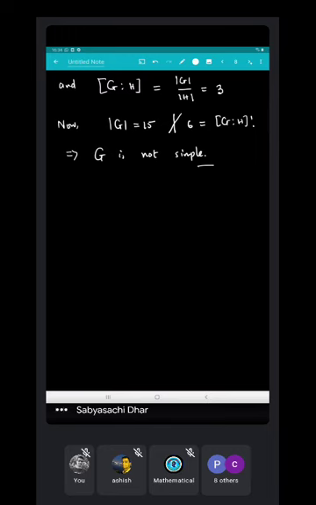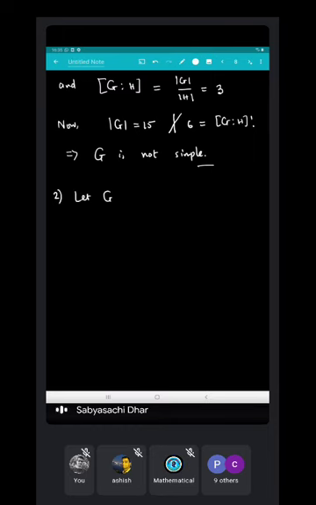Now I give one more application of Cayley's theorem. So let me state this first.